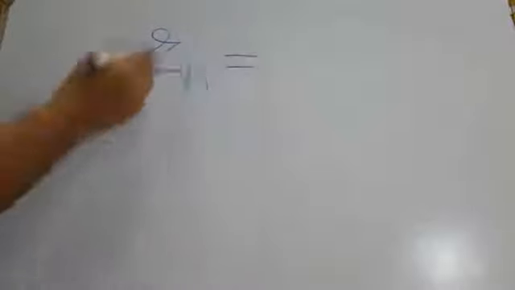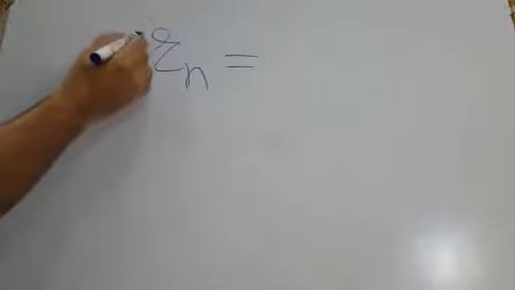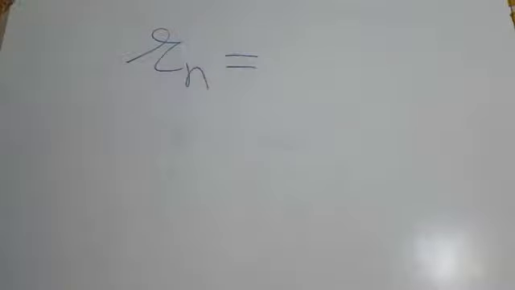Let us recapitulate those. He could derive the equation for calculating the nth radius of the hydrogen atom or hydrogen-like species, meaning single-electron atoms.